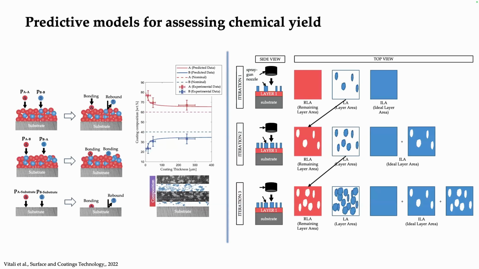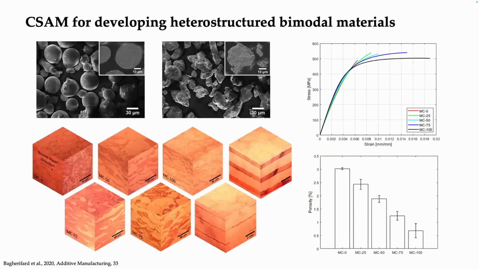So if we are starting with a certain ratio between the two constituent phases, and depending on what materials we have in the feedstock, what would be the final chemical composition in the deposit. We have developed this model and validated it for a specific case of aluminum and zinc, which is a combination that we have used for also having corrosion protection properties.